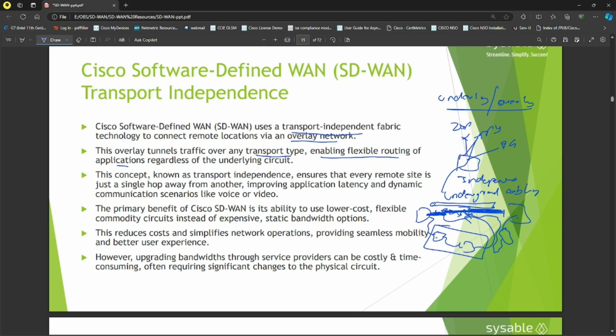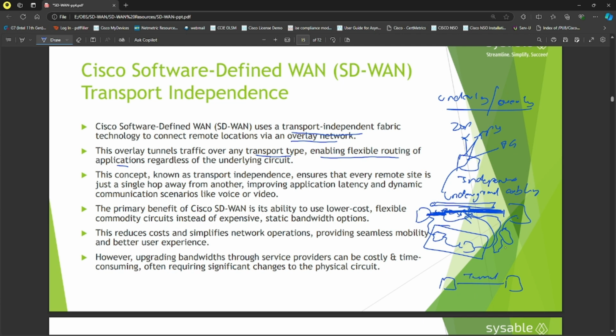The underlay will be connecting via various paths, whatever they might be, we don't worry about it. But once we have connectivity between two different branches, we just create a tunnel. Now, logically, one branch is connected directly to the other branch via the tunnel.